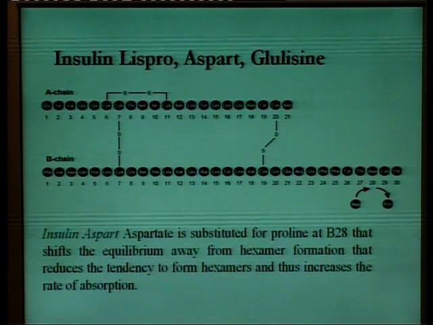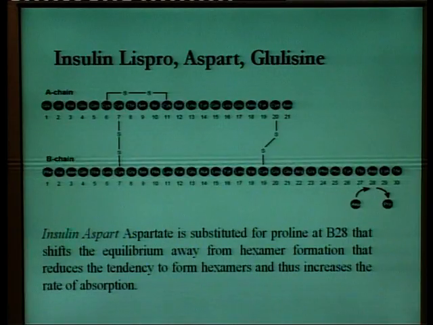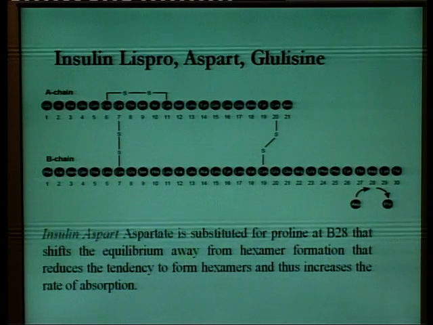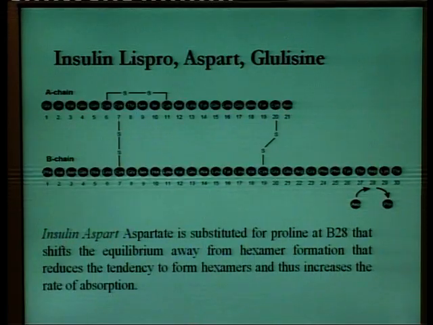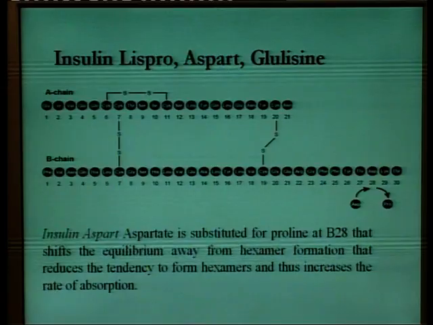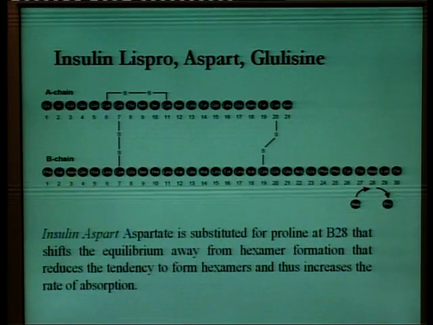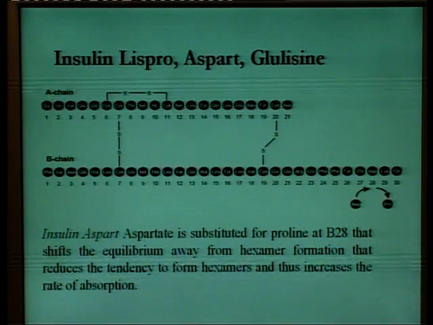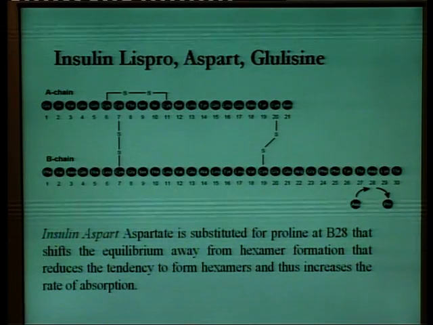When such changes are made, again the equilibrium is going to shift away from the hexamer formation, and that reduces the tendency to form the hexamer, or it increases the tendency to form the dimers or the monomers, and thus increases the rate of absorption.